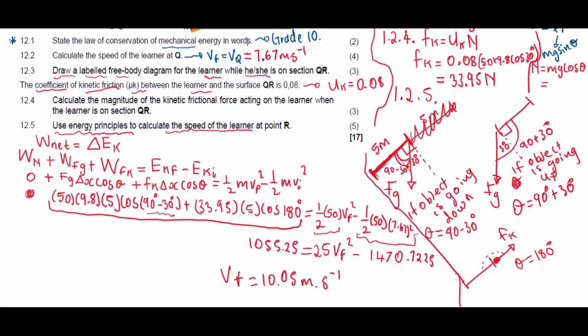So you're just going to transpose, and then yes, it will lead you to that answer.